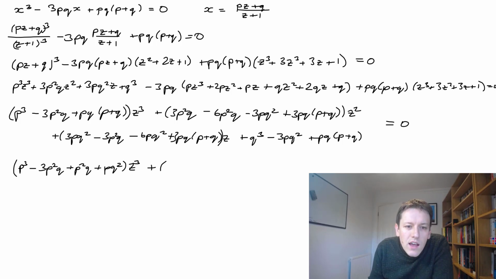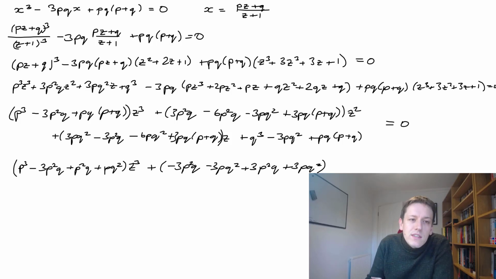And in the second lot of brackets, we've got 3p squared q minus 6p squared q, so that's minus 3p squared q minus 3pq squared, and then multiplying out here I get plus 3p squared q plus 3pq squared, and we can see in fact that this whole term is going to be equal to 0. So that z squared term does disappear in the way that we want it to.